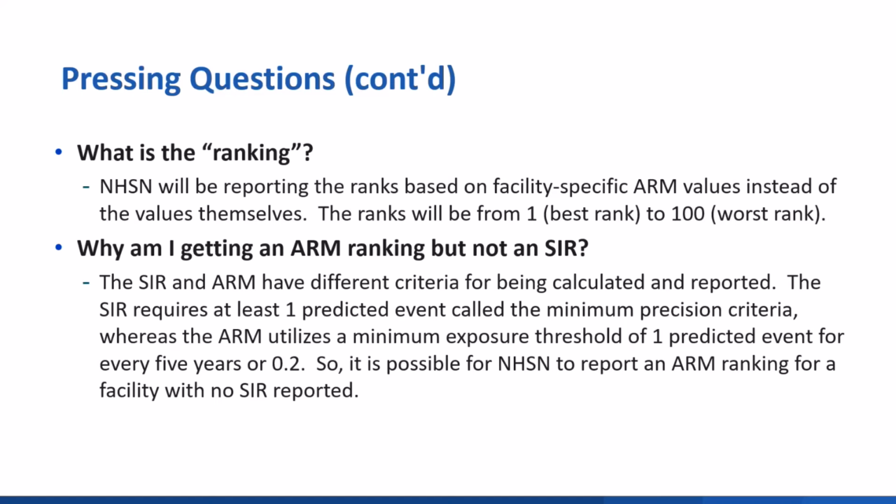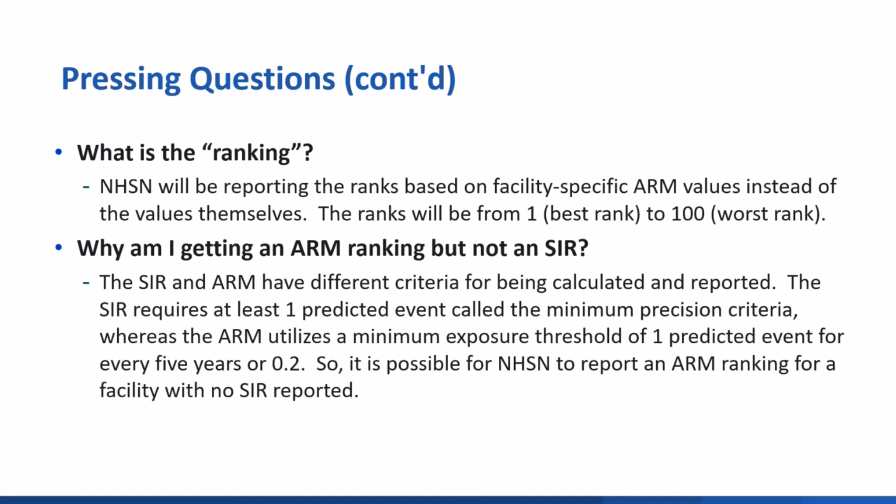So the ARM, we require one predicted event every 5 years, or 0.2. And that's because there's less of an impact of the zeros in the numerator with the ARM. So it is going to be very possible that, in your dashboard, your hospital does not have a standard infection ratio, but does have an ARM ranking.